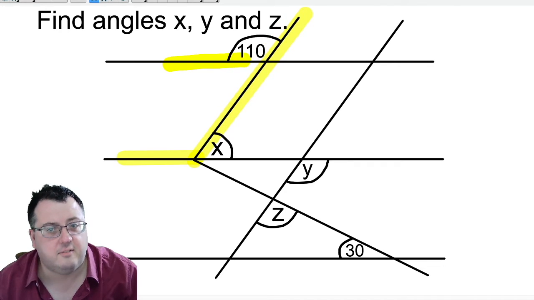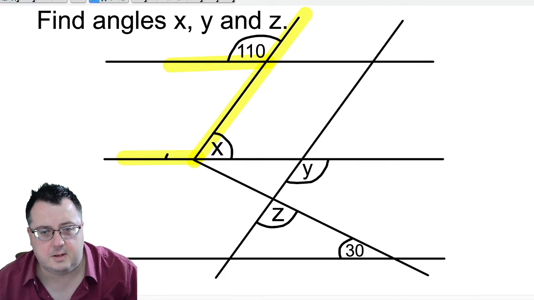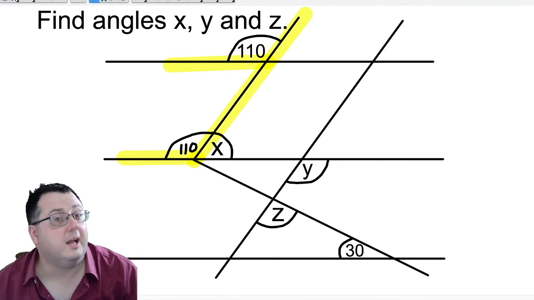Can you see you've got an F there? Okay, it's an upside down F, but it's still an F. And that means that this angle here is going to be 110. Okay, corresponding angles are equal.